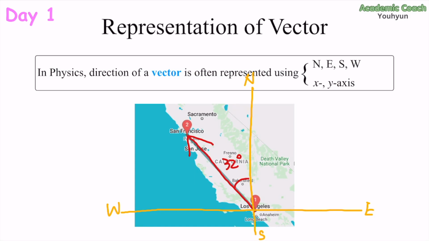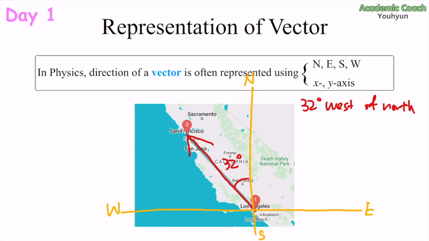Then how we can refer to this direction of a vector would be 32 degrees west of north. This means that north, whichever direction comes after "of," is the reference direction, okay? And starting from north, I'm going to move towards west by 32 degrees.